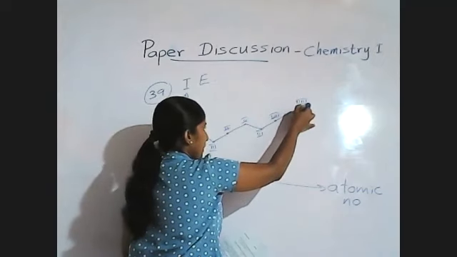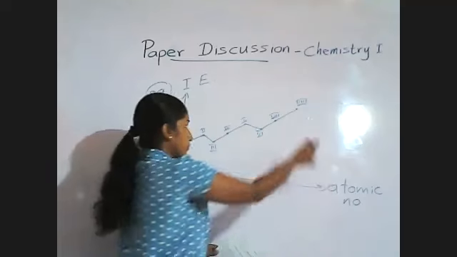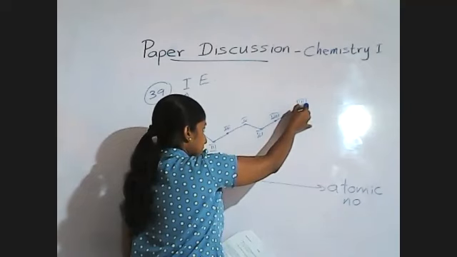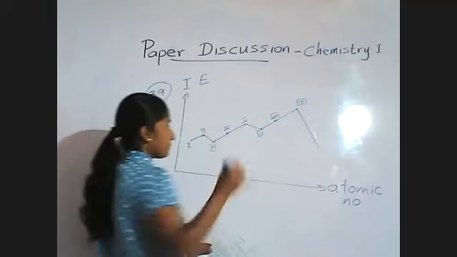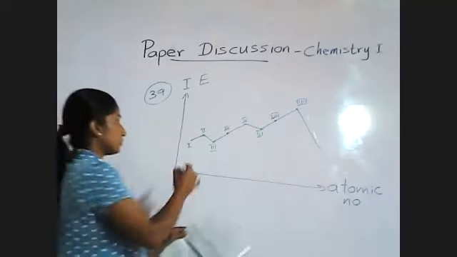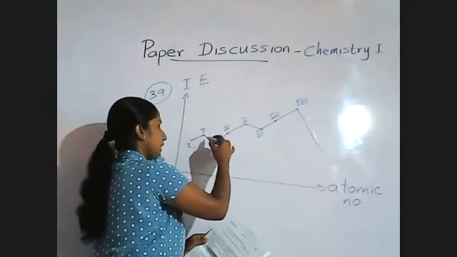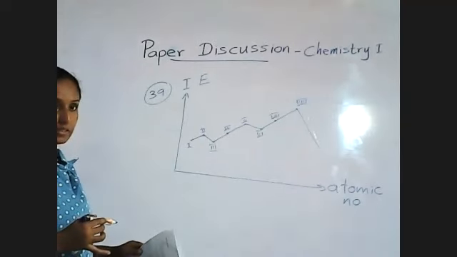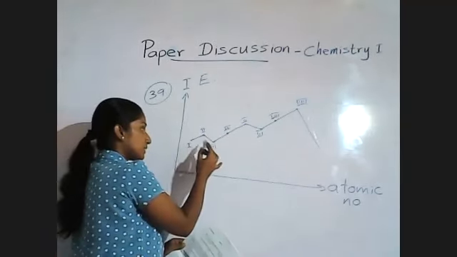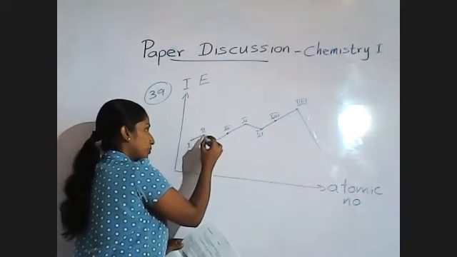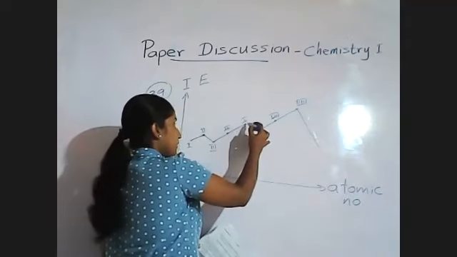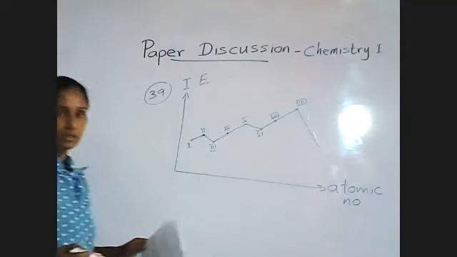And when it comes to the next period, it goes in this way. So that is why we say the ionization energy gradually increases. So this is how we can identify the groups. There's a small gap at groups 2 and 3, and groups 5 and 6.